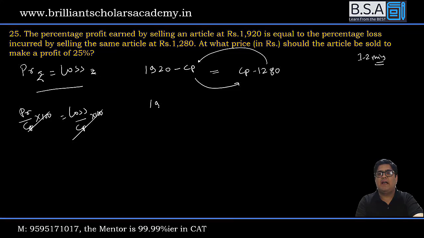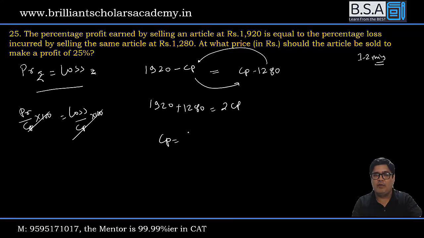So 1920 plus 1280 is equal to 2CP. You could have directly said cost price is the average of both. You can add both and divide by 2, or divide by 2 and add. Makes no difference. If I divide this by 2, this is 960 and this is 640, which is rupees 1600.